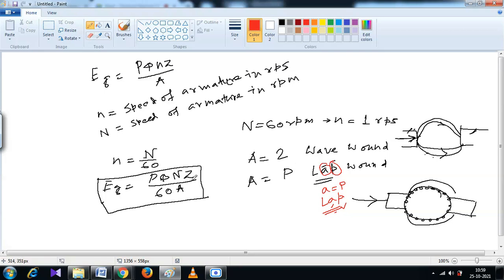Now we move to our next topic, the characteristics of DC generator.